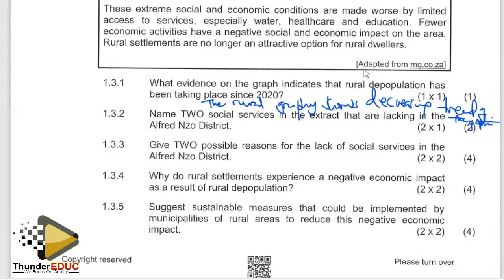Shows the decreasing trend of the population. Name two social services in the extract that are lacking in Alfred Nzo district.